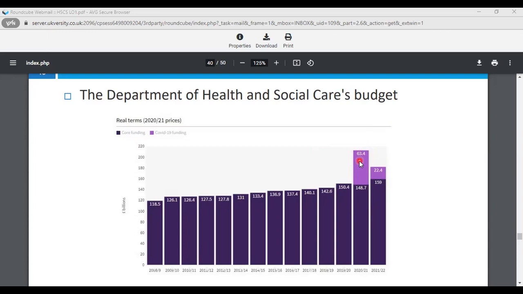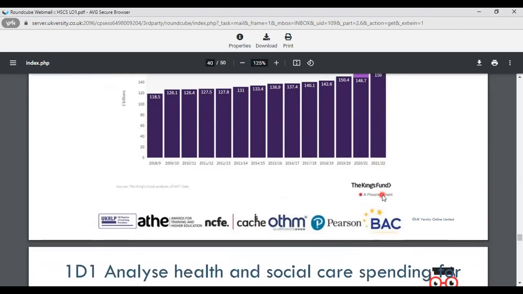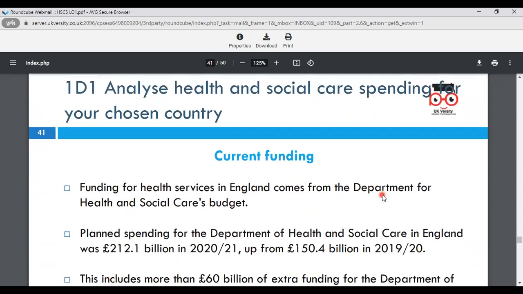And then as COVID was controlled, that expenditure went down to around 22.4 billion. So the normal expenditure was 159 billion, which is expected. Obviously, a rise is expected, but this went higher because of COVID-19.